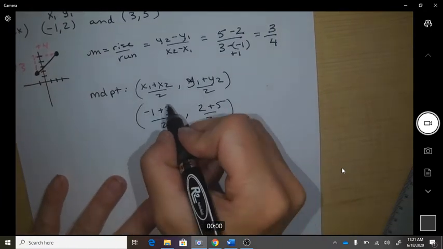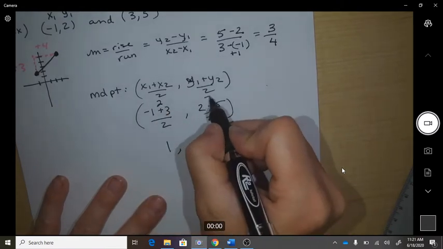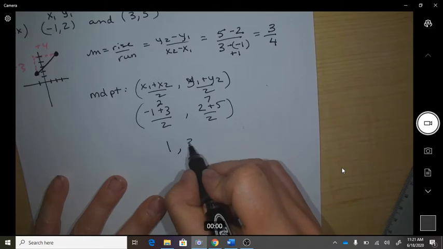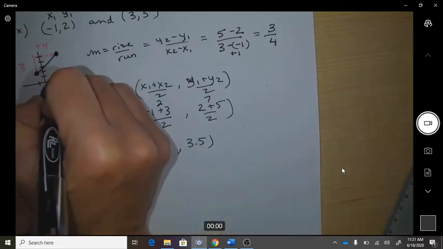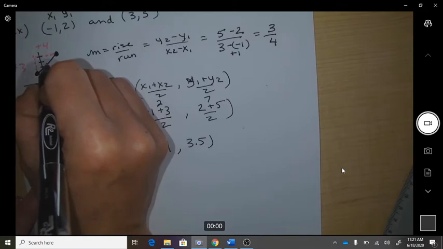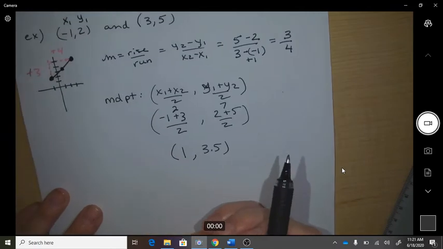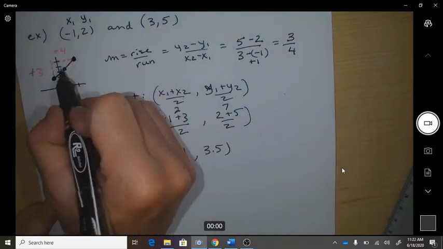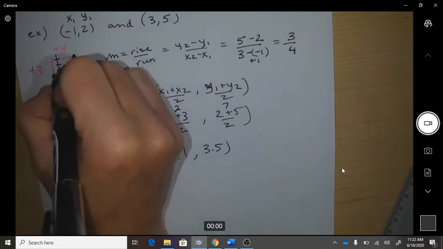So this is 2. 2 divided by 2 is 1. 7 divided by 2 is 3.5. So 1 comma 3.5 would be located right there. Does it look like it would be right in the middle of the distance between those 2 points? Yes.